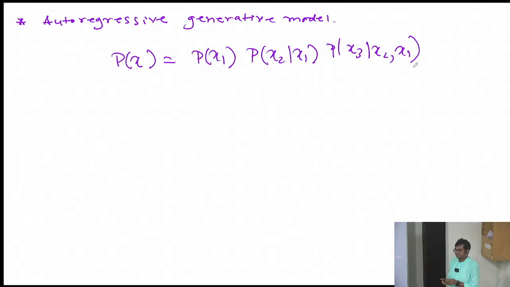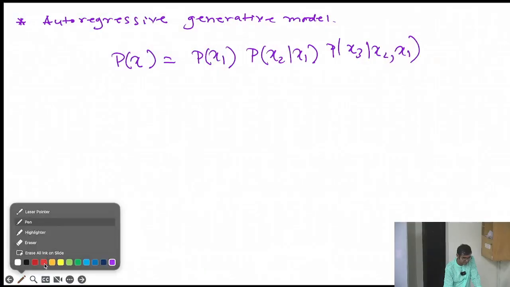And you can show trivially that if you represent a joint distribution as a product of normalized conditionals, then the joint distribution is automatically normalized. I'll repeat: if you represent a joint distribution as a product of conditionals and a prior, whatever it is, where each of those product terms is individually normalized, then the joint distribution is also normalized.